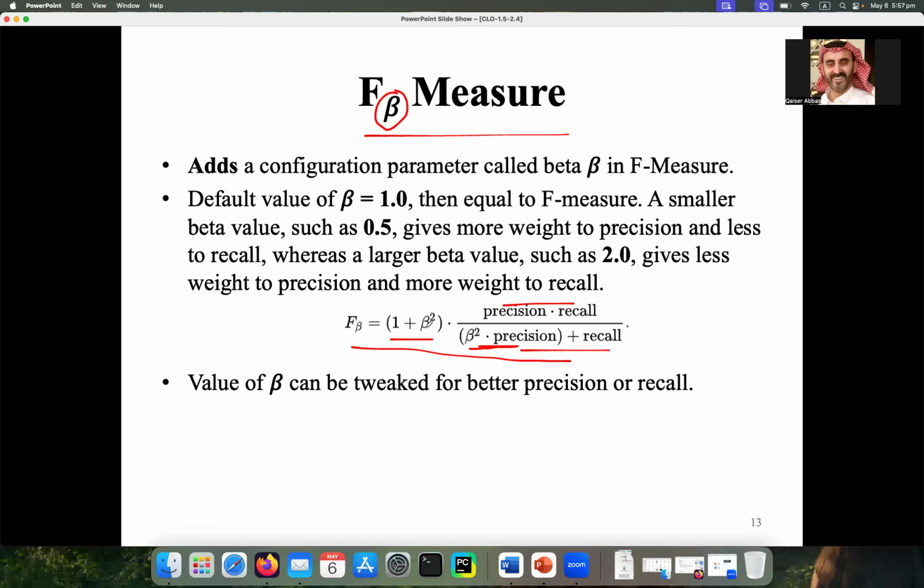Now, if you give beta the value 1, then 1 plus 1 becomes 2, and 1 square becomes 1.